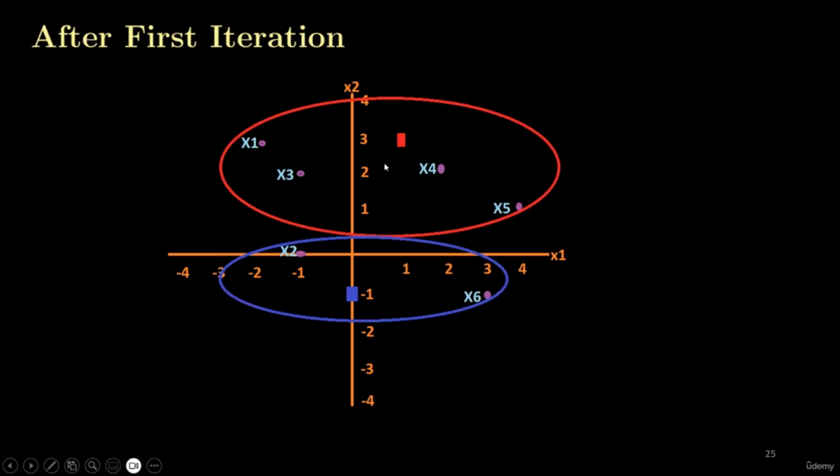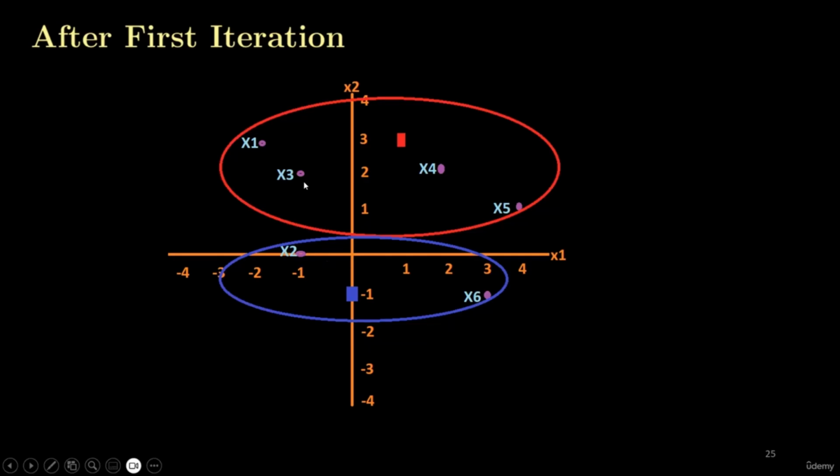Now, since we have selected the locations of these centroids randomly, it's time to move the centroids by calculating the average of data points inside the cluster. How to calculate the average of these 4 points so that we can move the first centroid, and how to find the average of x2 and x6 so that we can move the second centroid as well.